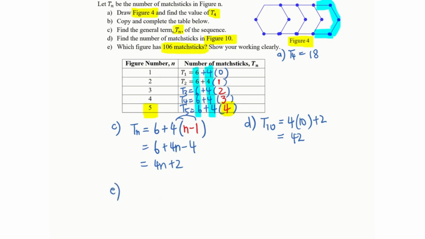So for part E, since you already have the formula of 4n plus 2 and you are trying to find the figure number, we'll just equate 106 equals to 4n plus 2 and solve for n.